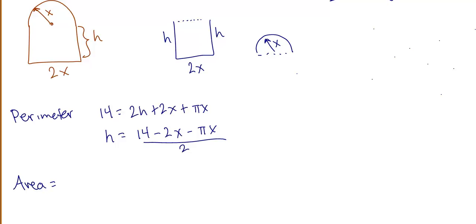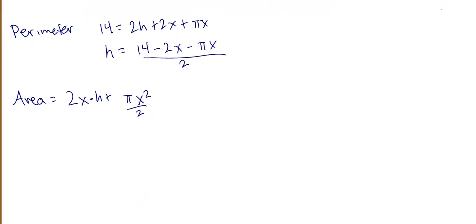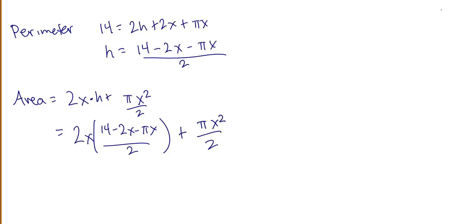Now once again, since we can't see it, I'll write it down quickly. My area was 2x times h plus pi x squared over 2. So if I plug in h, this is 2x times 14 minus 2x minus pi x all over 2, plus pi x squared over 2.